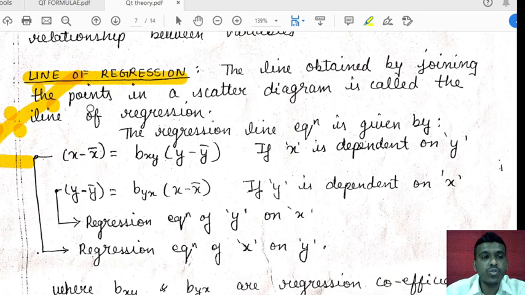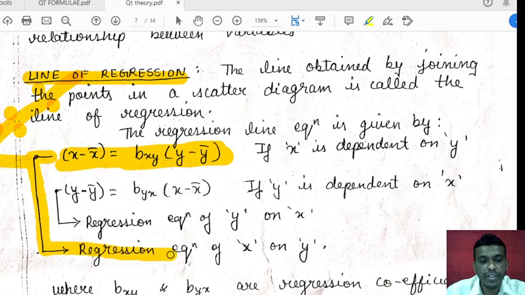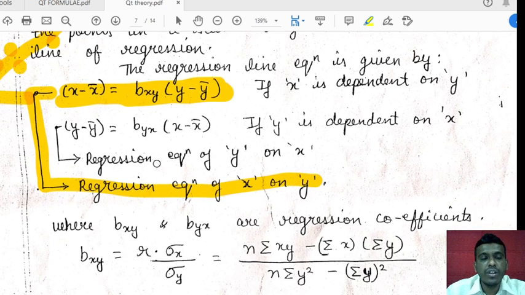So what are these two types of lines? As we have seen in our previous class, there are two lines. One is known as x on y, that is, x is dependent on y. I have written it here. So x on y: x minus x bar equal to bxy into y minus y bar.